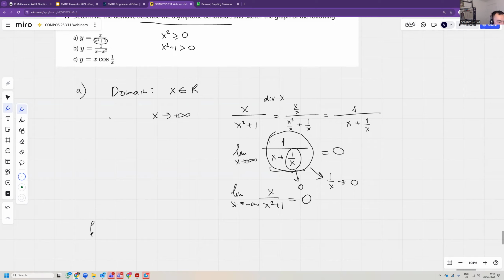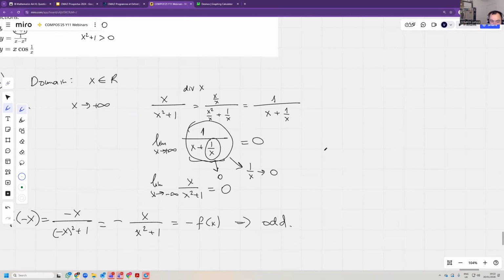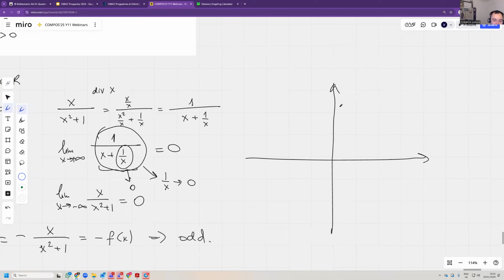Also, you can notice that f of minus x is minus x divided by minus x squared plus 1, which is negative f of x. So it is an odd function, symmetrical about the origin. I think this might be enough to draw the graph. We know f of 0 is 0, so we can plot this point here.